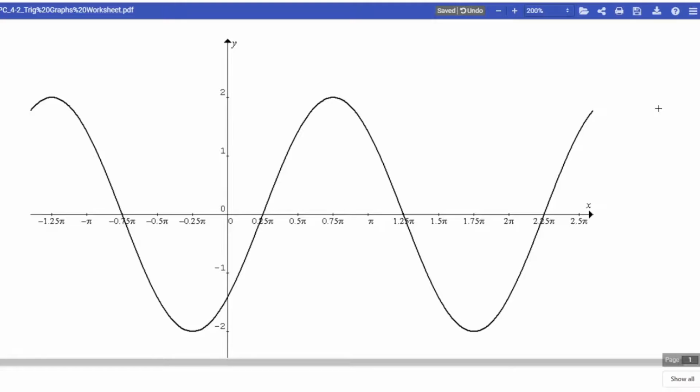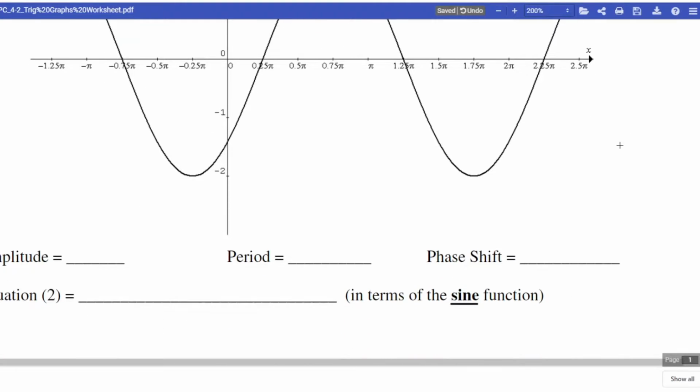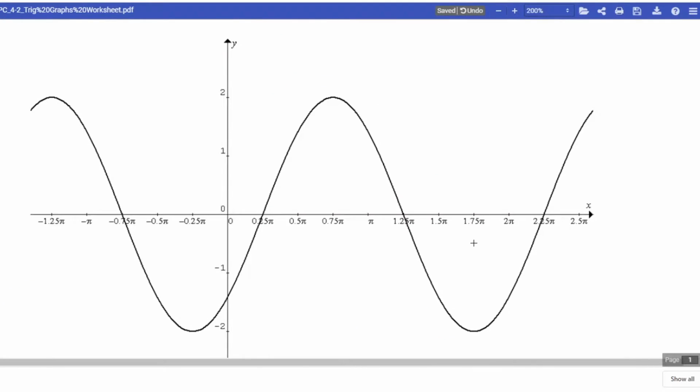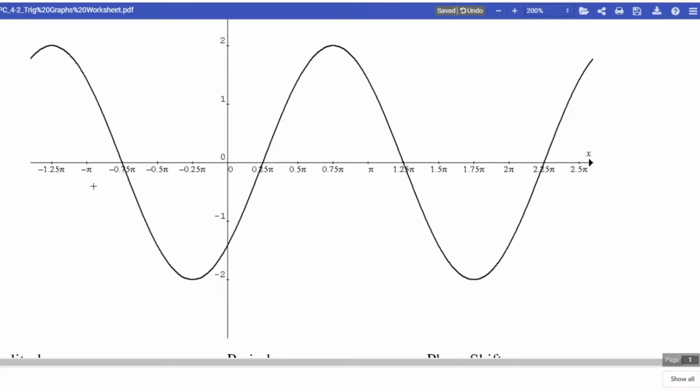So the directions here say in terms of the sine function, so we're going to write this as a sine function. We know, let's take a look, the lowest value is at -2, the highest value is at 2. That means that the midline is at 0. In other words, no vertical translation has taken place, so b is going to be 0.